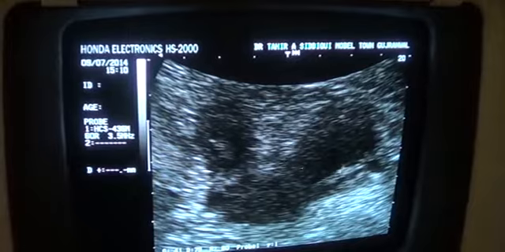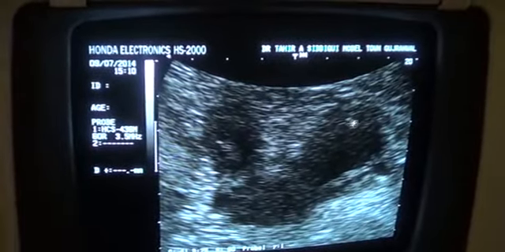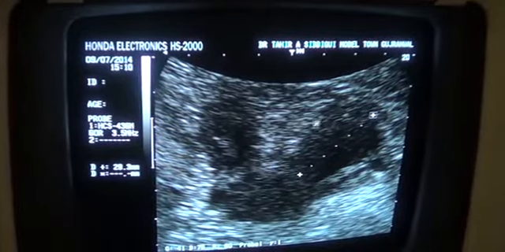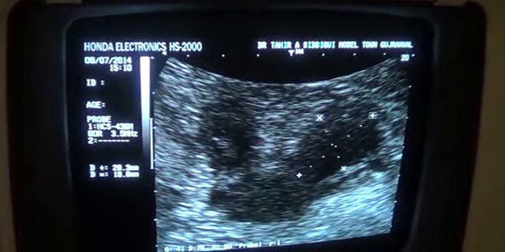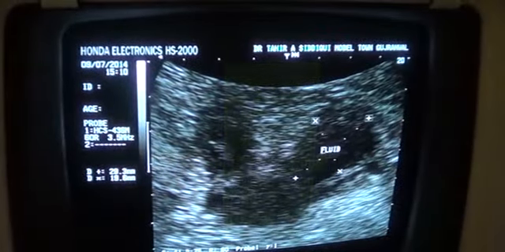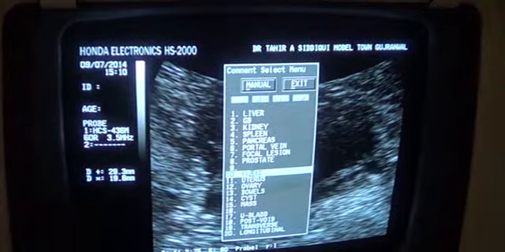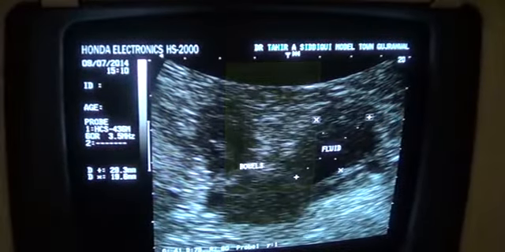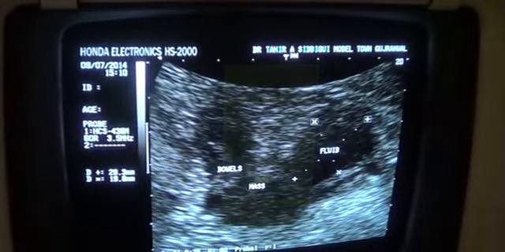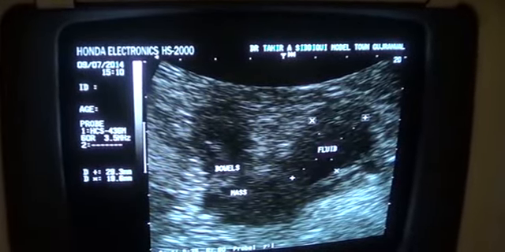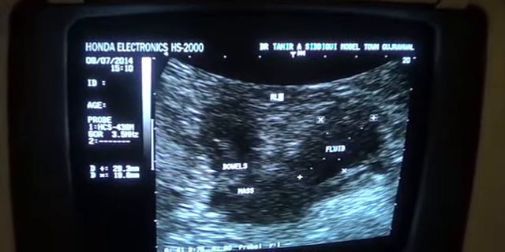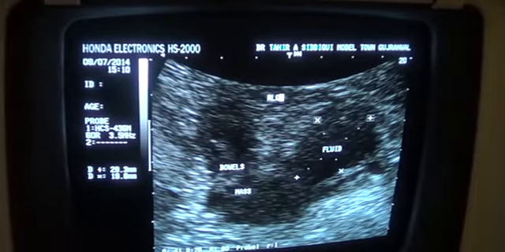Now this is a small fluid pocket seen within it. This area shows the fluid, and these are the bowel mass, in the region of the right lower abdominal quadrant.